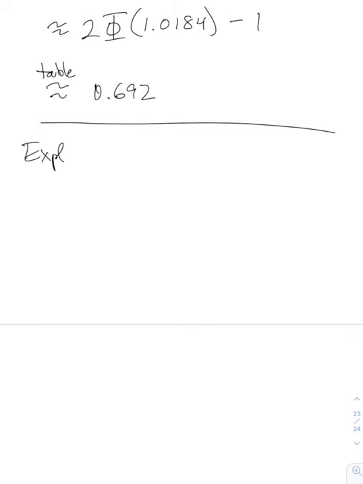Okay, here's example 3D. All right, let's let x1 through x10 be independent random variables, each uniformly distributed over 0, 1.